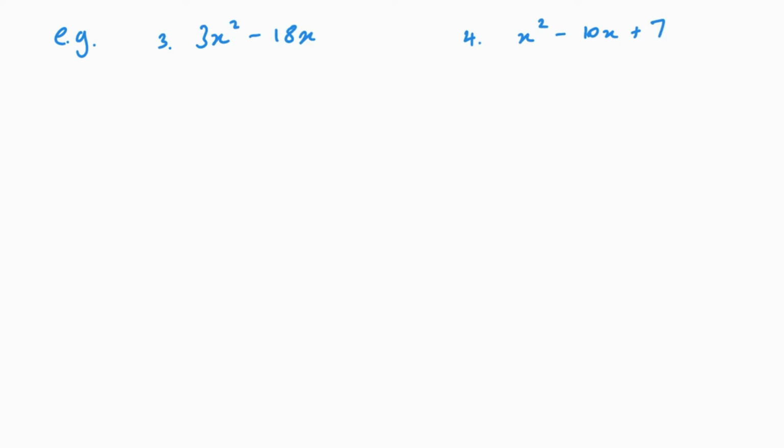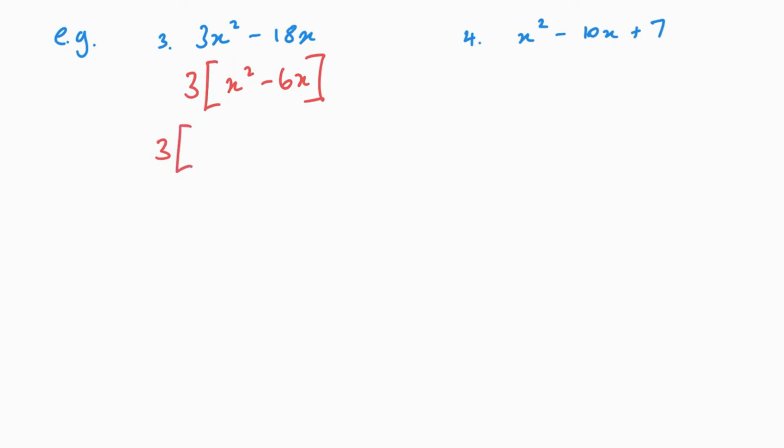Now, this one we've got a coefficient of 3. So when we've got this, what we want to do is factorize out that coefficient. I'm going to use square brackets just to make it a little bit easier to separate them out.